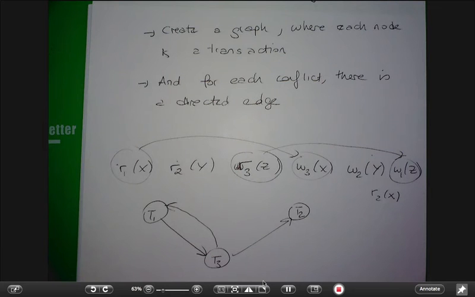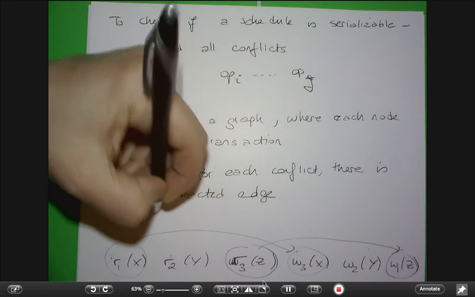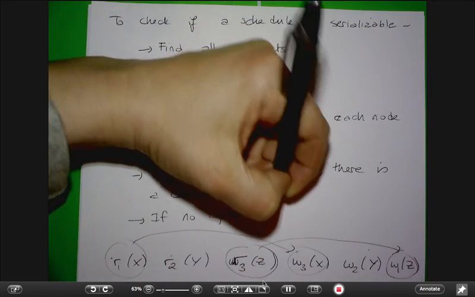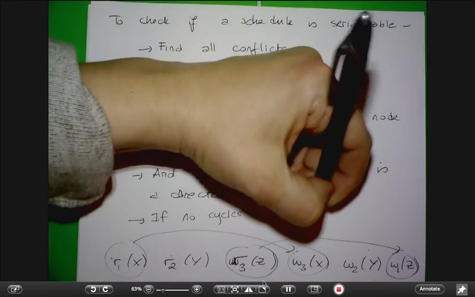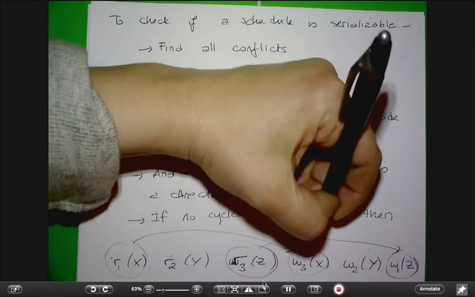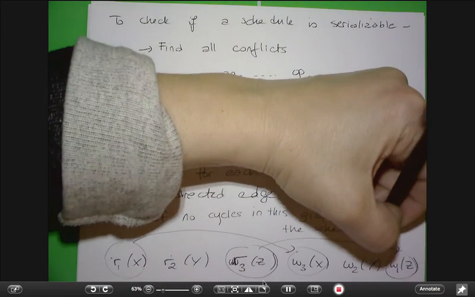It cannot be, because this is a cycle, right? You cannot satisfy this at the same time. If 1 comes before 3, then 3 may not come before 1. So this is the general idea: if this graph has no cycles, then the schedule is serializable.